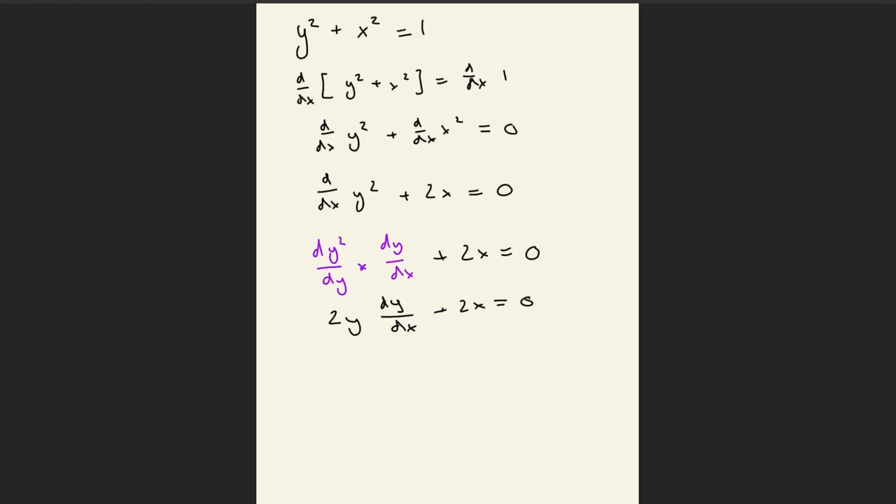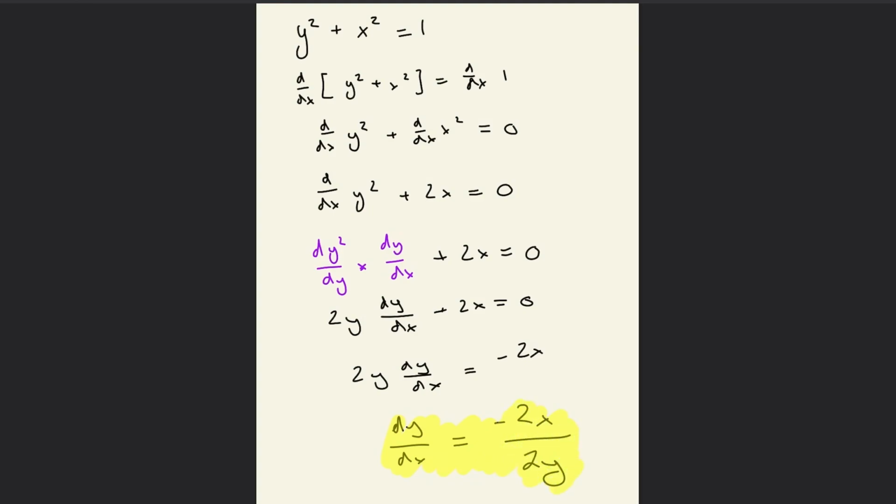And I think you can see where we're going with this, because now all you have to do is you have 2y dy/dx equals negative 2x, and then dy/dx is going to equal negative 2x over 2y. And this is our final answer right here.